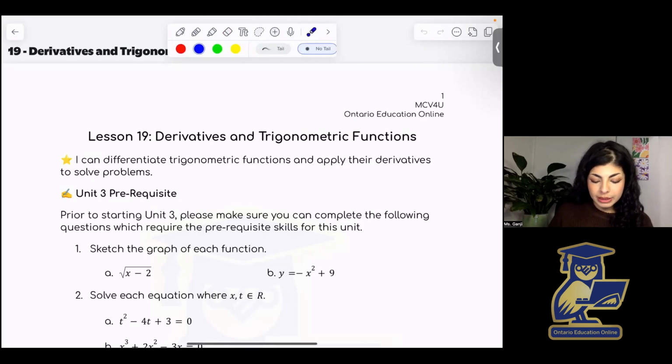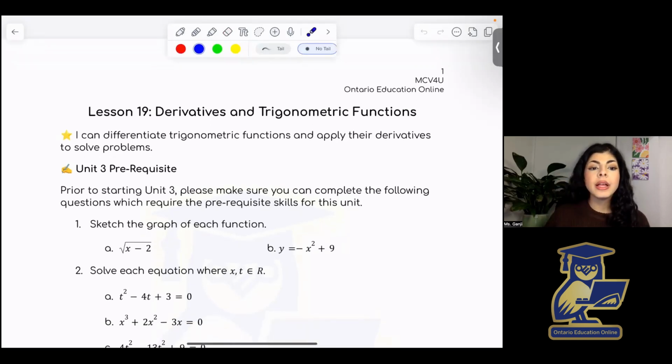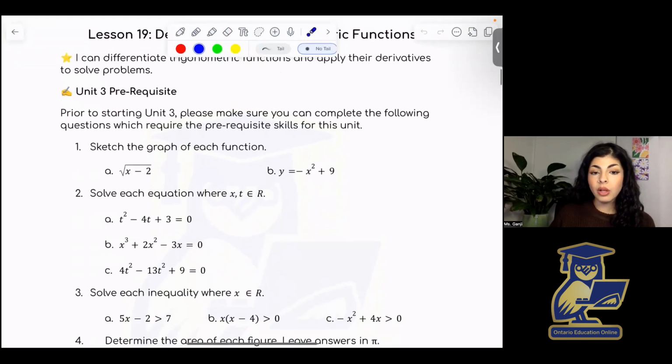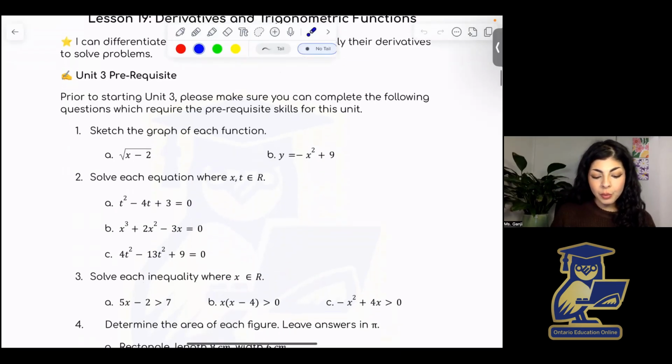Some prerequisite skills here. Make sure you can complete all of these before starting this unit because they're very important as we are solving derivatives and application problems. We do need to refresh our memory with drawing sketches of some of our basic parent functions.